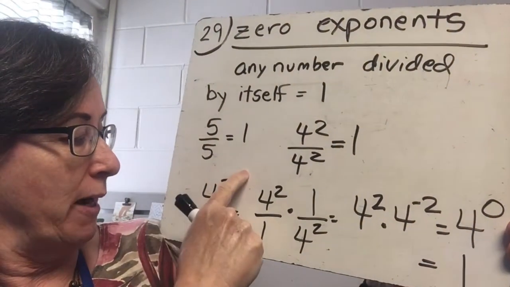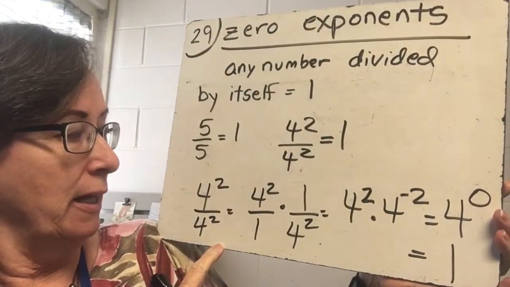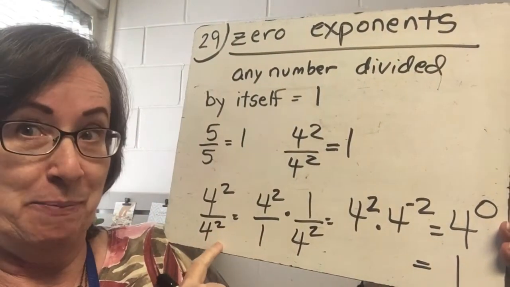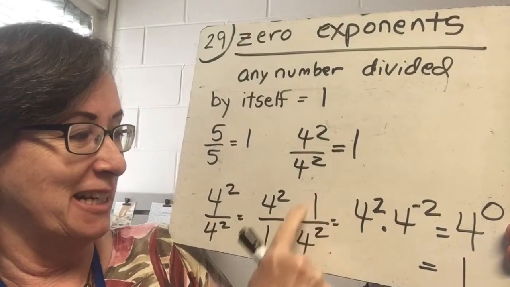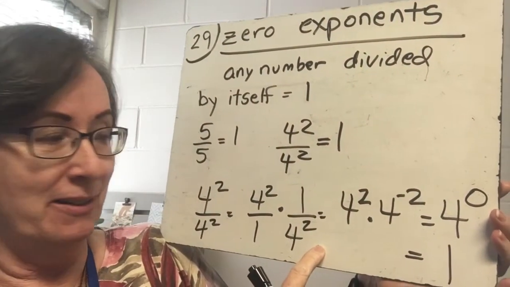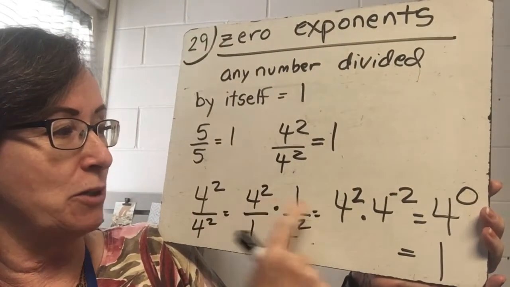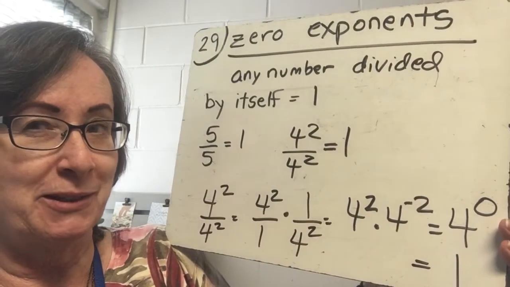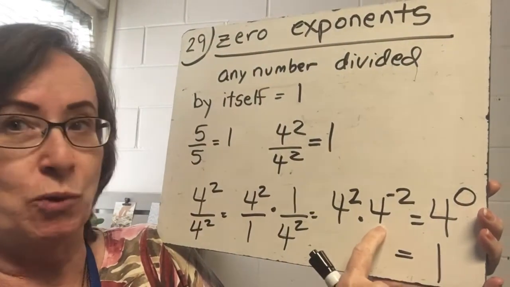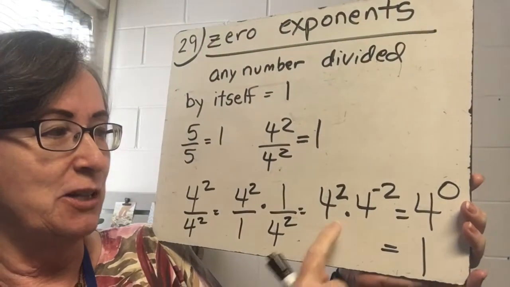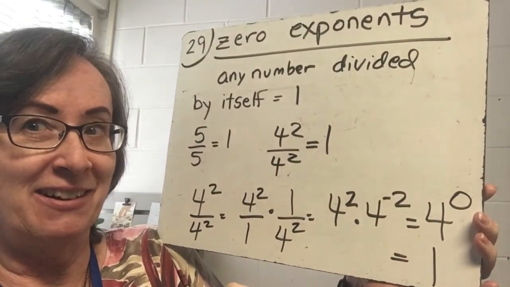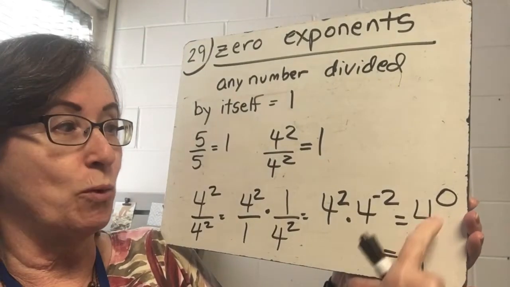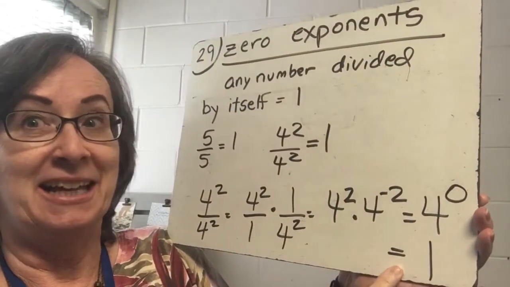So 4 squared divided by 4 squared is 4 squared times the reciprocal, which is 1 over 4 squared. And 1 over 4 squared, by the rule we learned of negative exponents, is 4 to the negative 2. So when I multiply those two together, don't I get 2 minus 2, which is 0? So 4 to the 0 is 1.